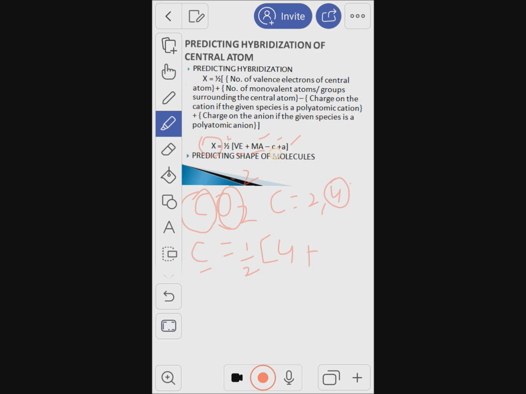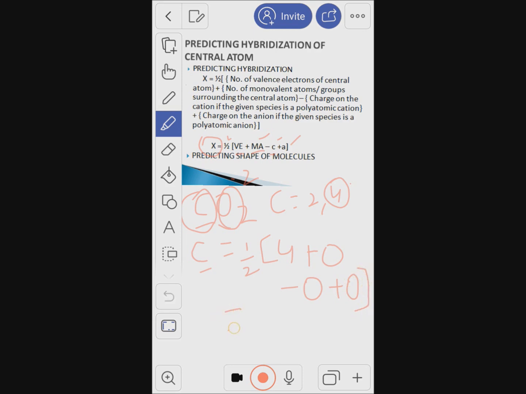And C is the charge on the cation. There is no charge on the carbon atom. There is no monovalent atom present in carbon dioxide. That's why it is 0. And no charge on the carbon, it is also 0. And no charge on the oxygen, it is also 0.